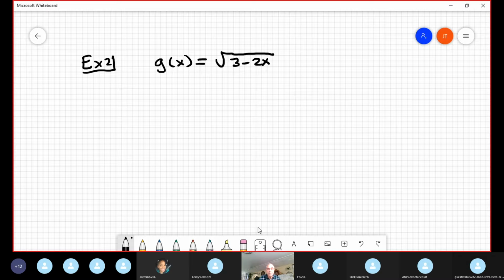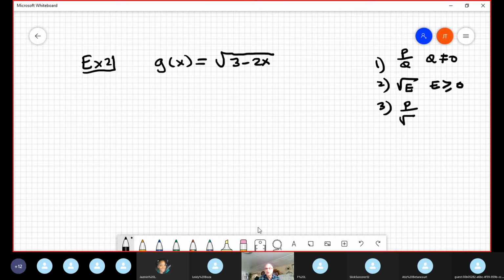Well, I remember the 1, 2, 3 restrictions. Restriction number 1 is P over Q, and Q not 0. Restriction number 2 is radical E non-negative, so positive or 0. And restriction number 3 is P over radical E, where E must be positive.